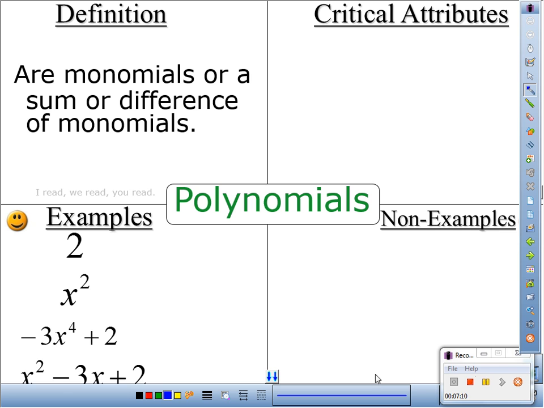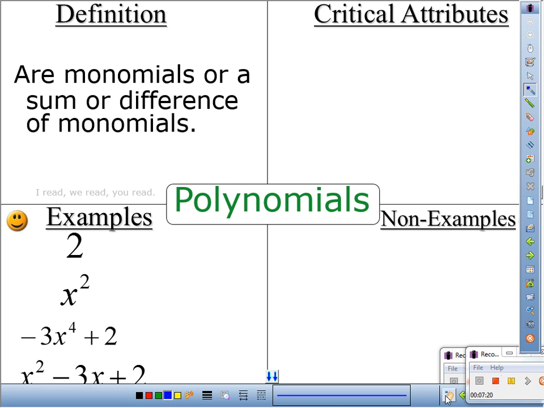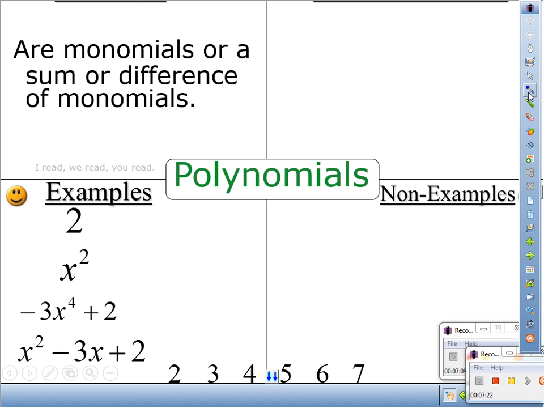There's a certain name for each polynomial. And let me show you that. The name of each polynomial depends on the number of terms first. Watch. Right now I'm focusing on the number of terms. You're saying, what does that mean, Mr. Q? Well, that's what I'm going to explain.